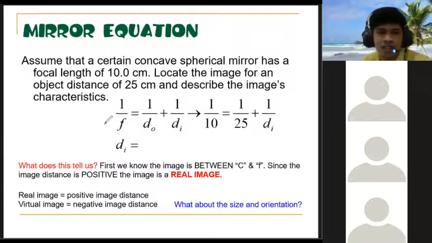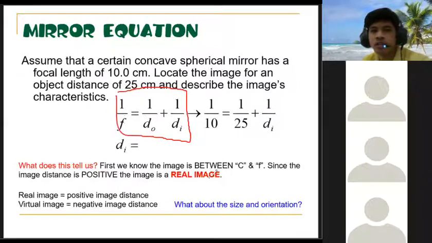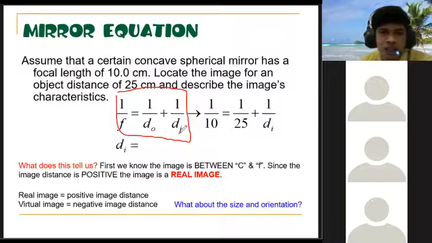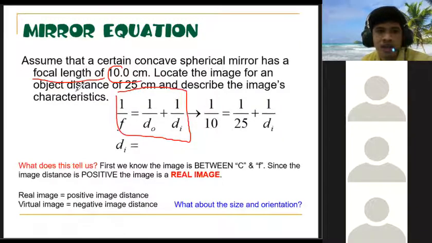We use the formula 1/F equals 1/DO plus 1/DI, where F is the focal length, DO is the distance of the object from the mirror, and DI is the distance of the image from the mirror. So what are the givens? F is 10.0 centimeters, and DO is the distance of the object, which is 25 centimeters.